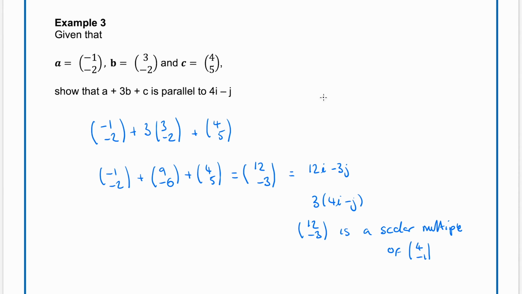So a scalar multiple means if we have 4i minus j, we have something like this going in this direction, and we had 3 lots of this, it would be the same direction, just 3 lots of the magnitude. Okay? This would be 12i minus 3j. So you can see that the 2 vectors are parallel, just a different magnitude.